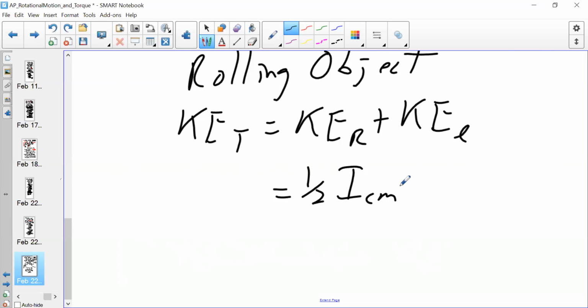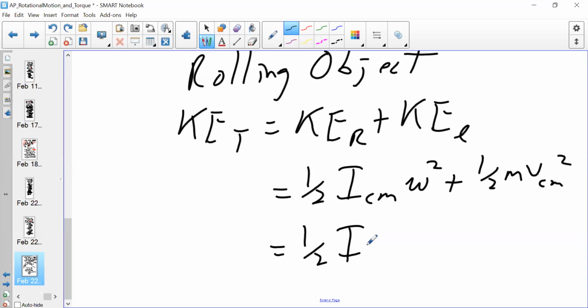That's why we say I_CM. Of course, there are certain times when we can calculate a new moment of inertia if we rotate the object about a point that's not the center of mass. But this is the basic case: 1/2 I_CM omega squared plus 1/2 M V_CM squared. You'll eventually get comfortable with just writing 1/2 I omega squared plus 1/2 mass velocity squared.